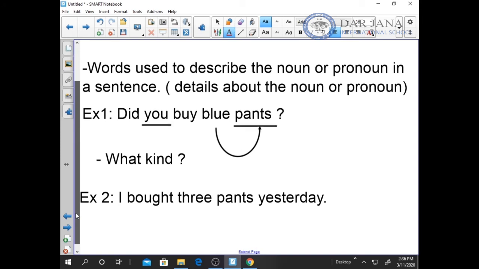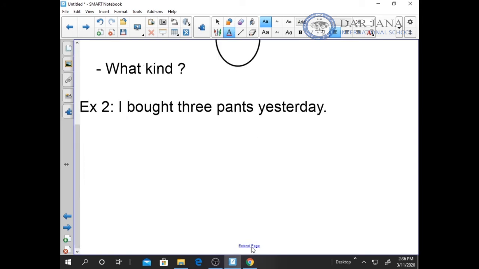So I have to look for the noun or the pronoun in the sentence. I bought 3 pants yesterday. I have the pronoun I and I have the noun pants. So I have to find if there's any word describing one of these. So I bought 3 pants yesterday.